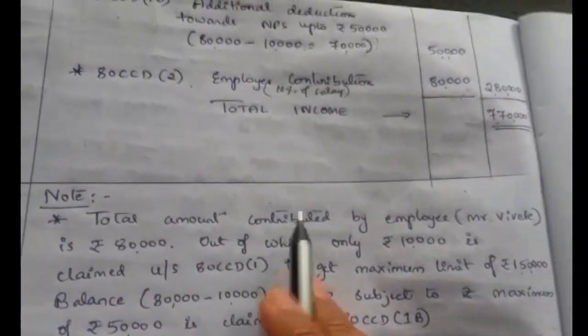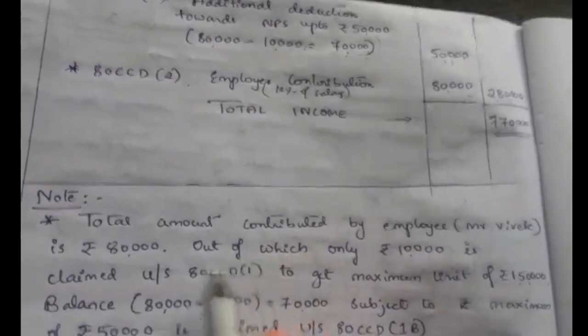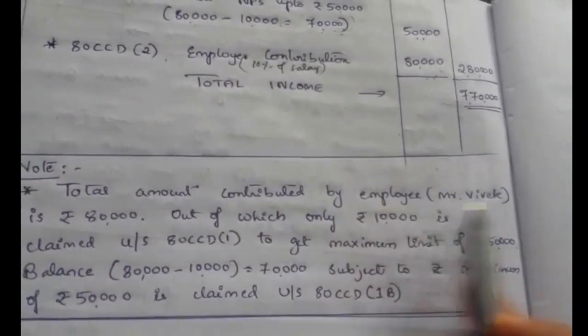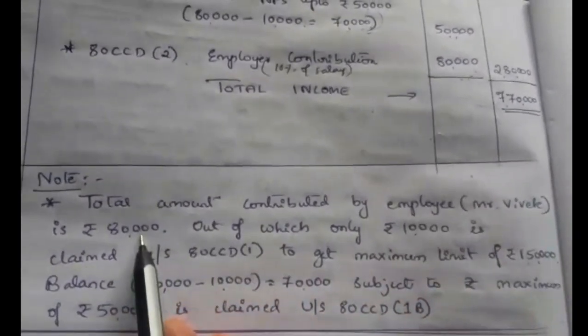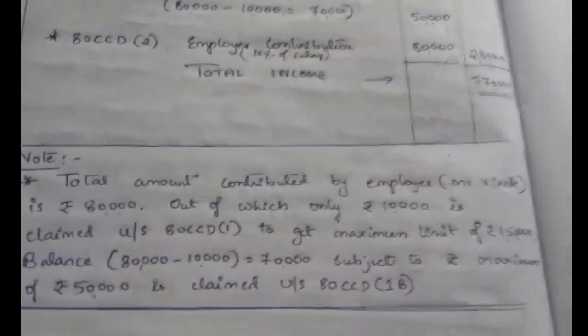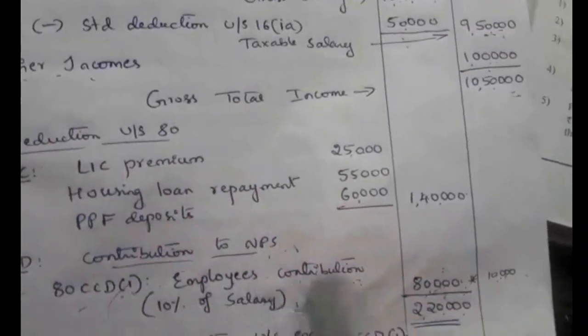This is the note for the NPS contribution. The total amount actually contributed by the employee, Mr. Vivek, is 80,000.